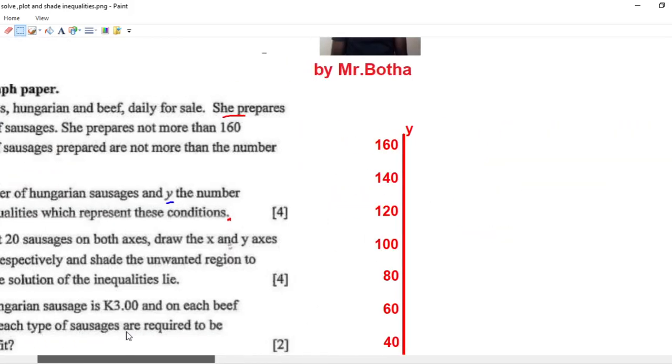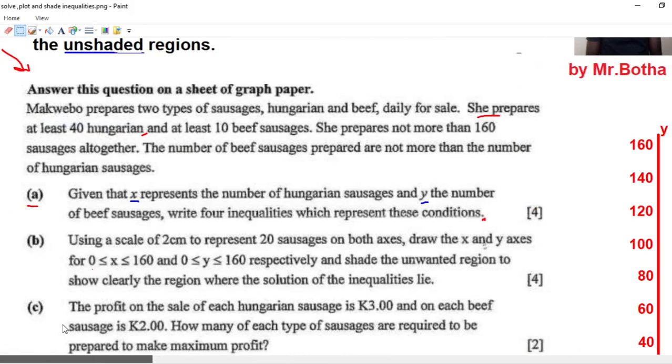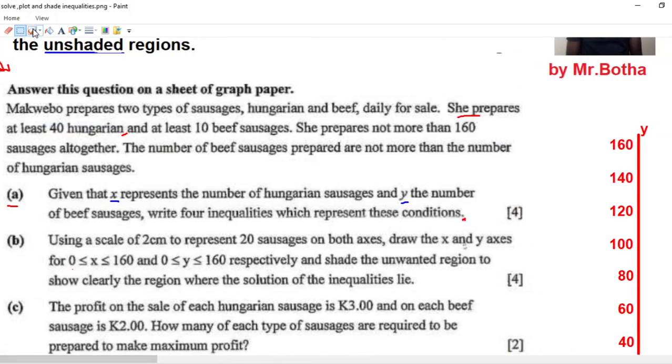Okay, so now let's get our third inequality. Listen to the statement. It says she prepares not more than 160 sausages all together. Which means x number of Hungarian sausages plus y number of beef sausages should not be greater than 160.